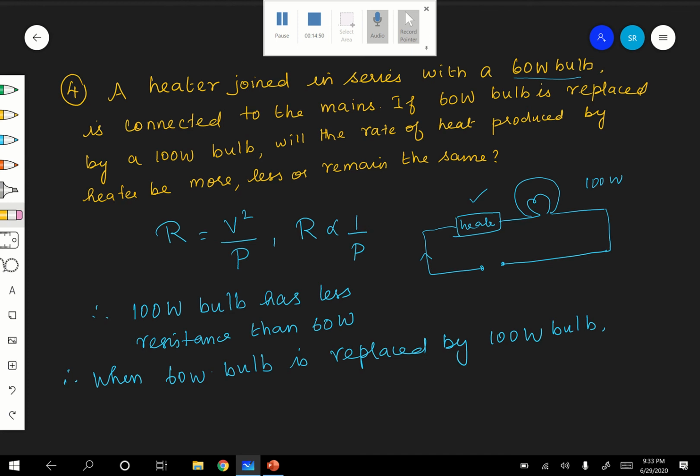Previously it was 60 watt, now it is replaced by 100 watt. The 100 watt has less resistance when compared to the 60 watt bulb. Therefore, when the 100 watt bulb is connected here, the net resistance of the circuit will decrease.